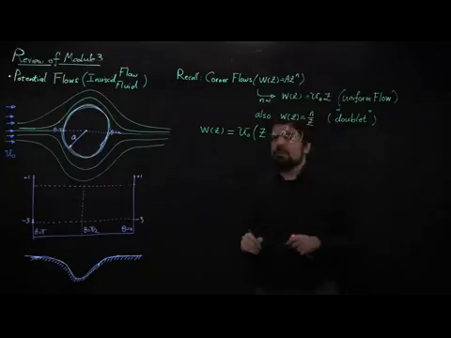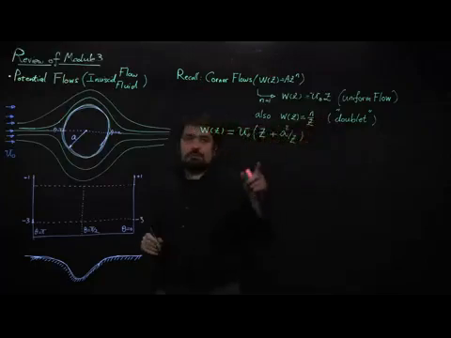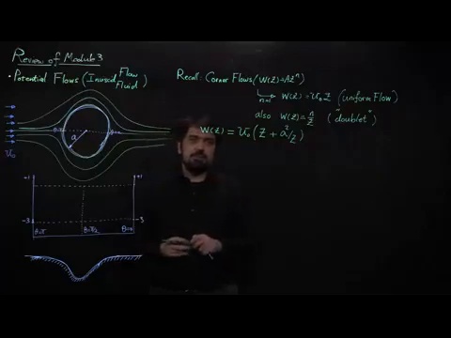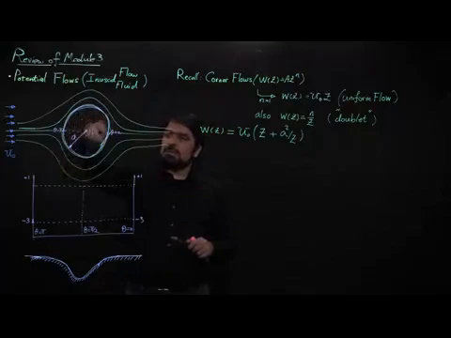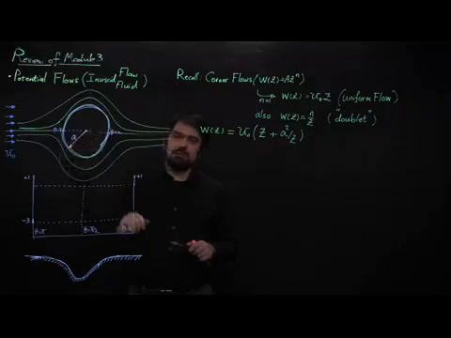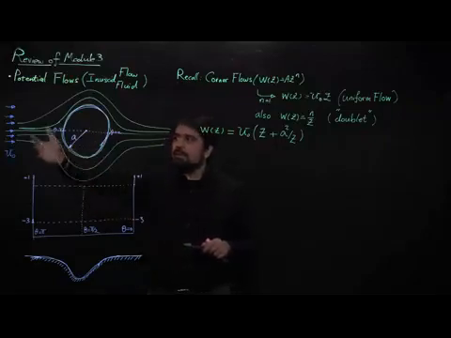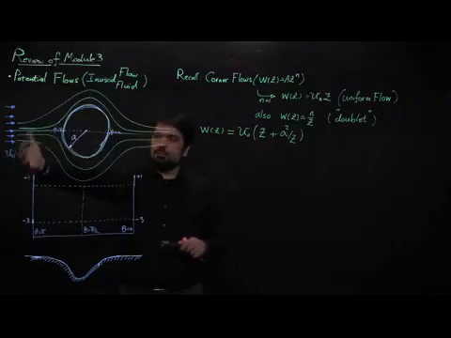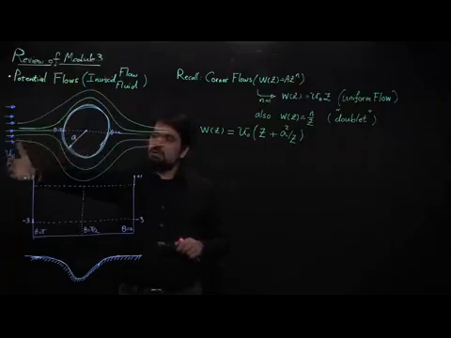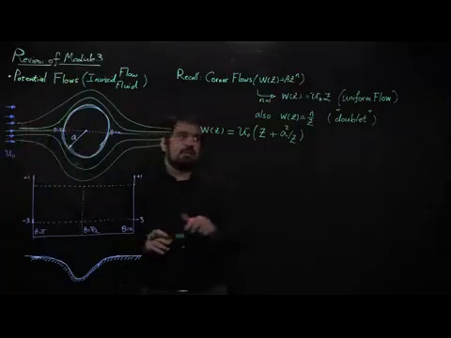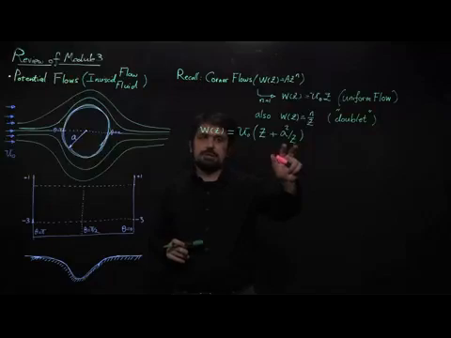If we look at the flow for this complex potential function, we will see that it gives us a streamline that is exactly a circle with a center at the origin and a radius equal to a. And far away from the origin, or the center of this circle, we will have uniform flow because this part of our function goes to 0 at z equal to infinity.